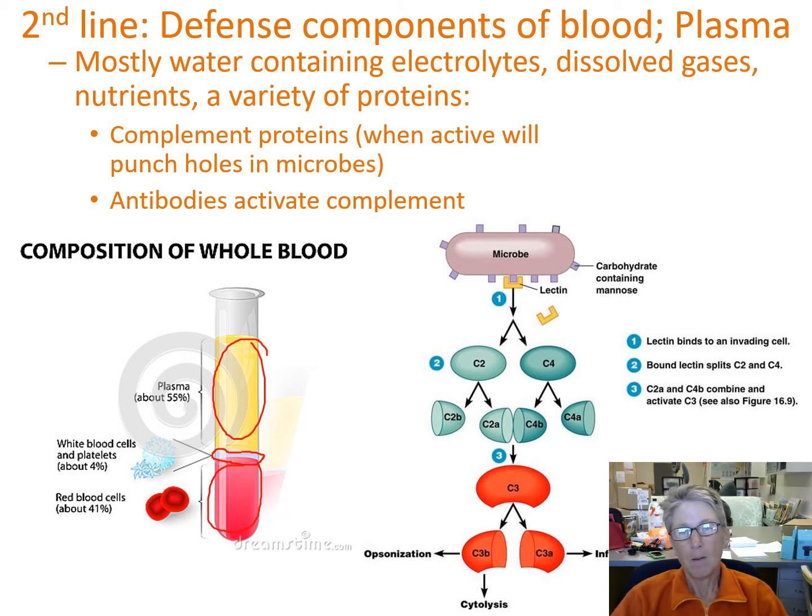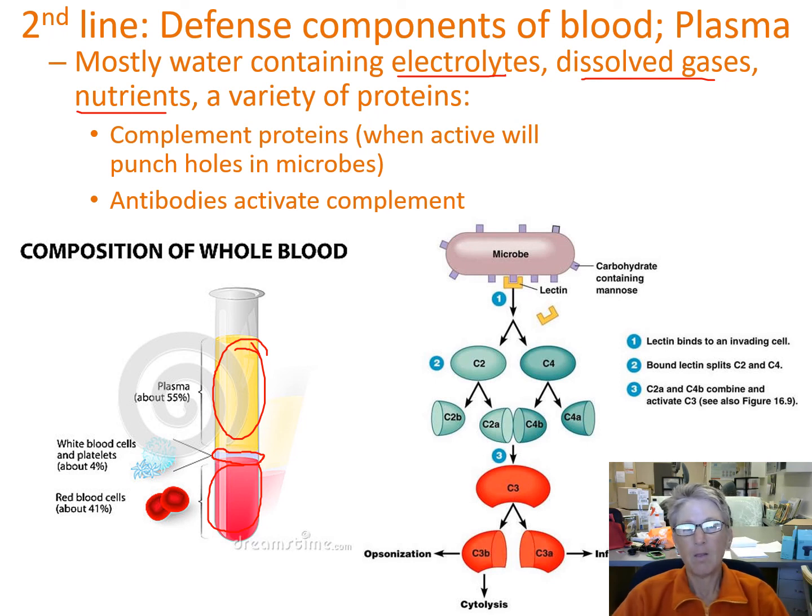So plasma, this yellow part here, is mostly water. It contains electrolytes like sodium and magnesium and potassium, dissolved gases like dissolved oxygen and dissolved carbon dioxide. Plasma contains nutrients like carbohydrates and proteins.